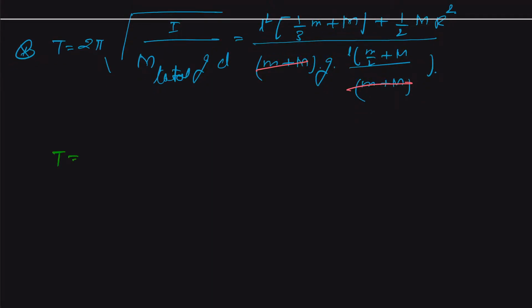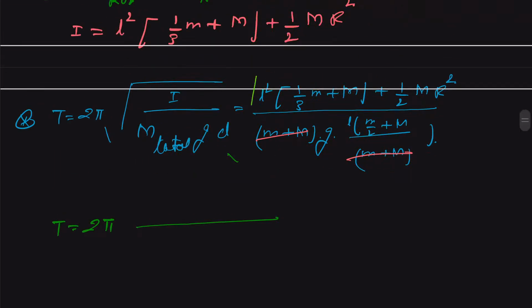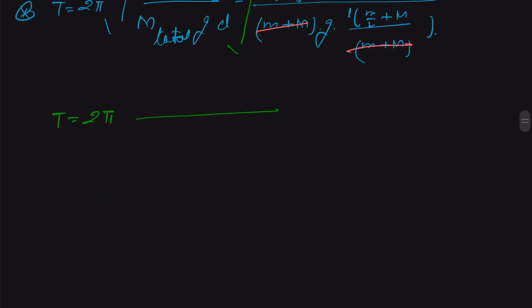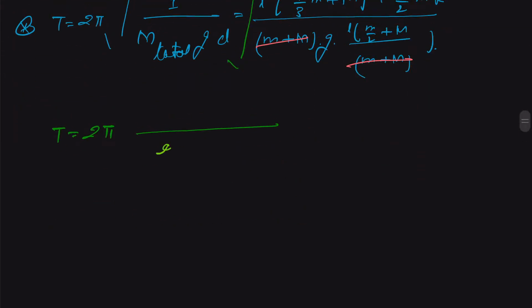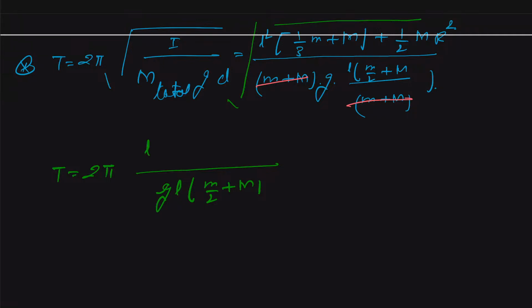So we can say our T is equal to 2 pi, I forgot to put the square root, and this comes as G times L, m by 2 plus M, and here we have L square, m by 3 plus capital M plus 1 by 2 mr square, and its square root. So this was our part A, and now we come to part B.